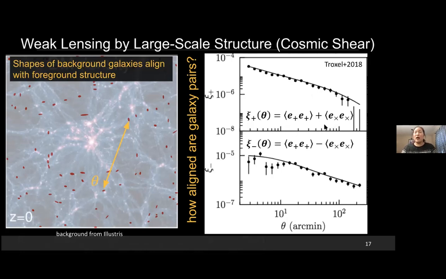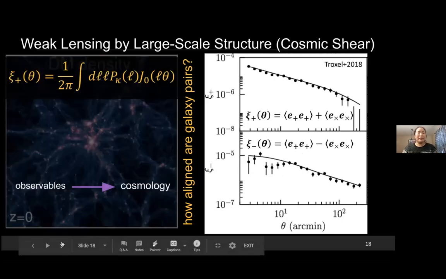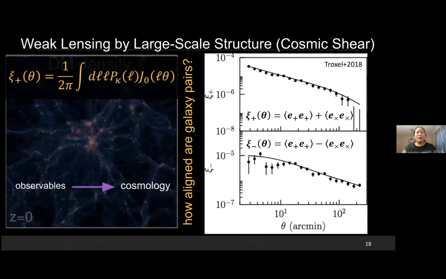So these are combinations, either adding the correlation of tangential shears and cross shears, or subtracting the cross shear correlations from the tangential shear correlations. And together, psi plus and psi minus contain information about the underlying matter power spectrum. So psi plus is related to something called the convergence power spectrum through here.